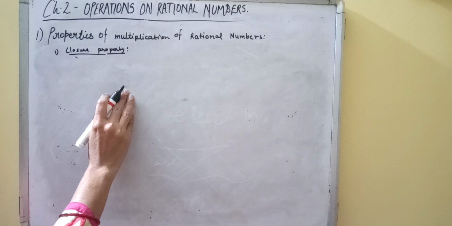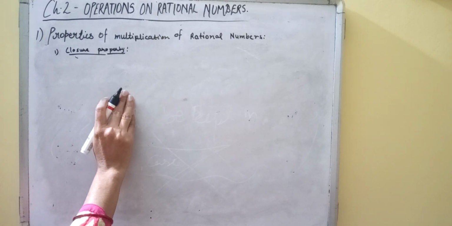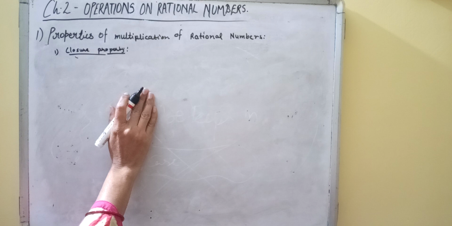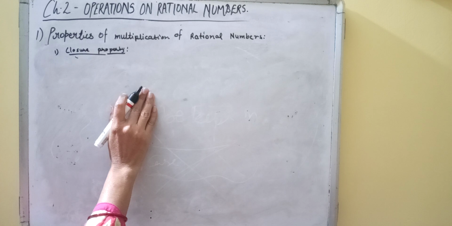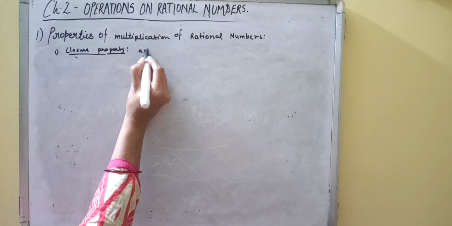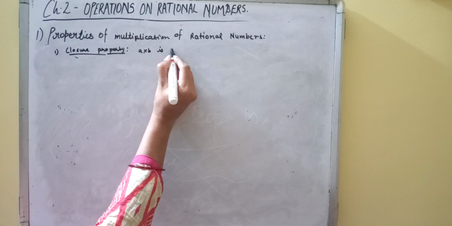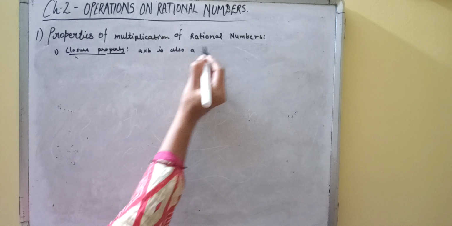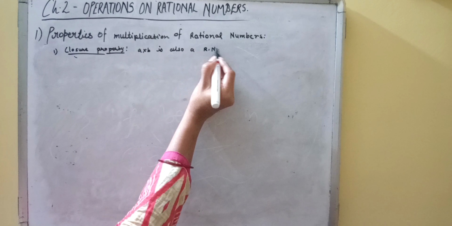The product of two rational numbers is also a rational number; this is closure property. So if A and B are two rational numbers, then A into B is also a rational number.